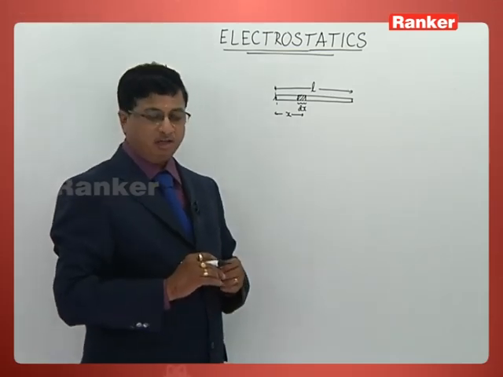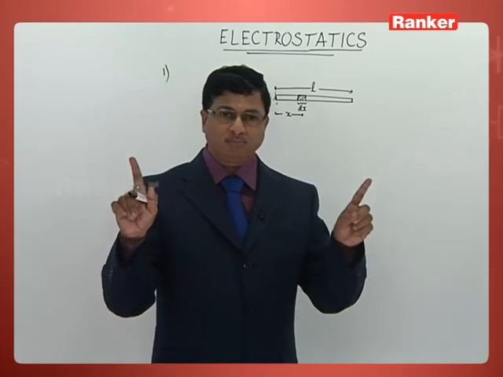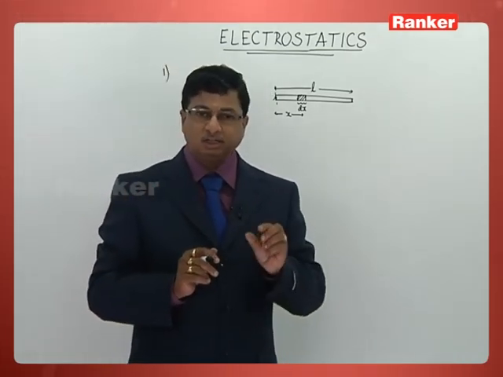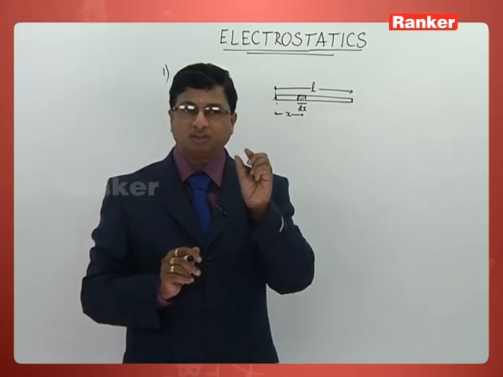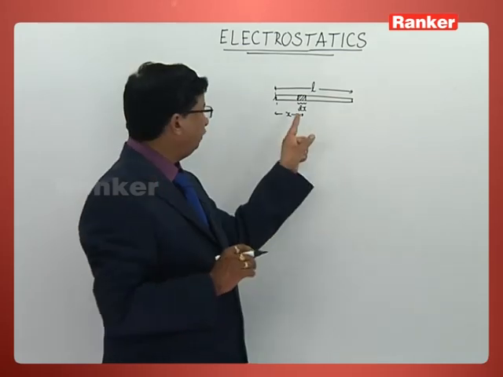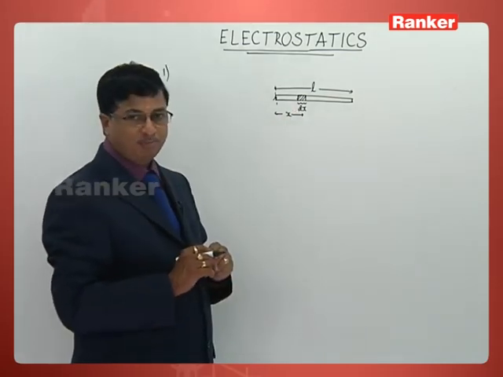So this is actually the concept I am considering. Instead of taking the entire rod as a single element, I consider a small element of thickness dx, which is at a distance x from one end of the rod.